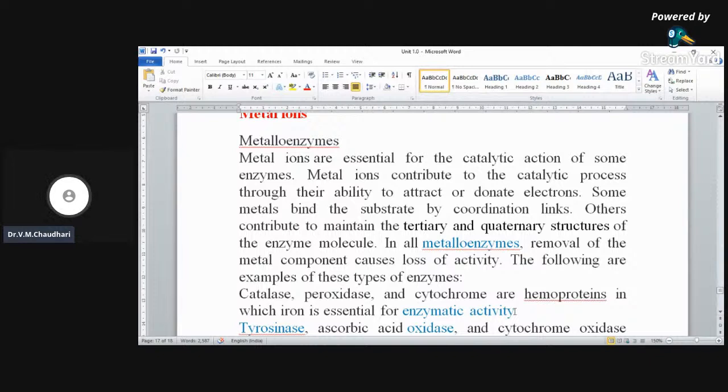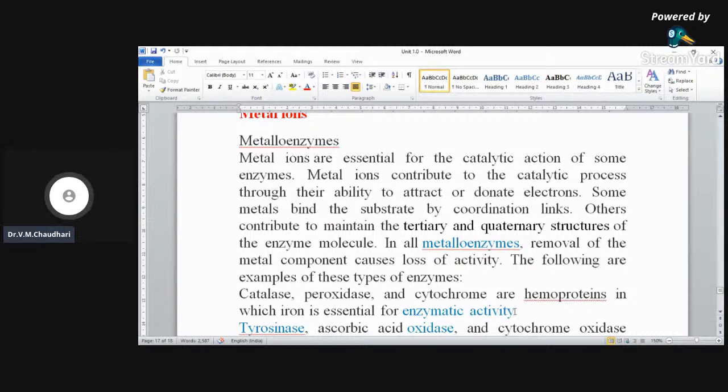Others contribute to maintaining the tertiary and quaternary structure of the enzyme molecule. An enzyme has four levels: primary, secondary, tertiary, and quaternary, and the tertiary and quaternary structure is maintained by the metal ion.